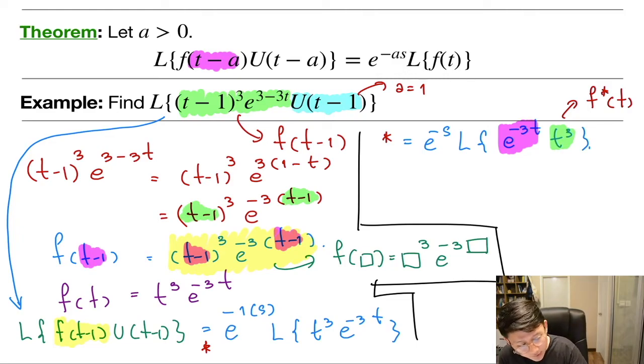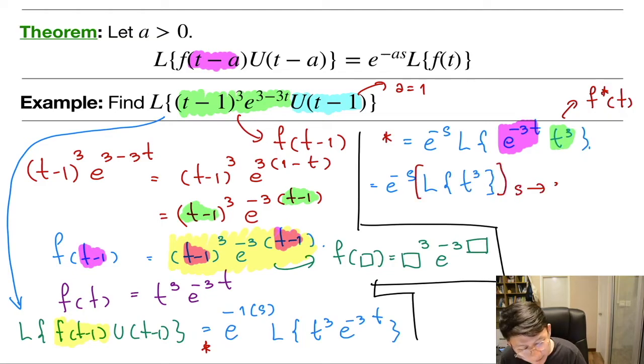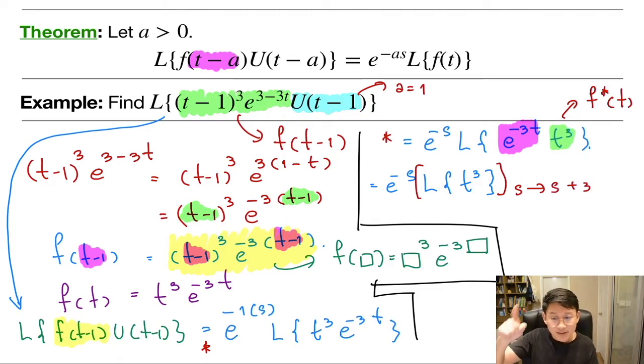So here it's the same as e to the minus s times the Laplace transform of t cubed, and then you change s to s plus 3. s minus (minus 3) is s plus 3. So you would get e to the minus s.